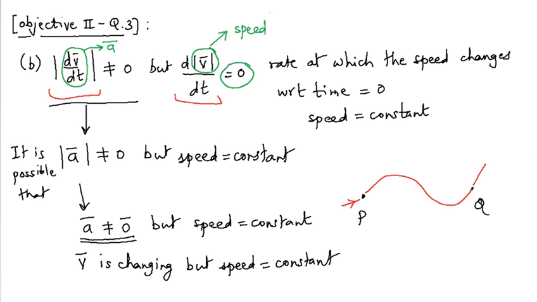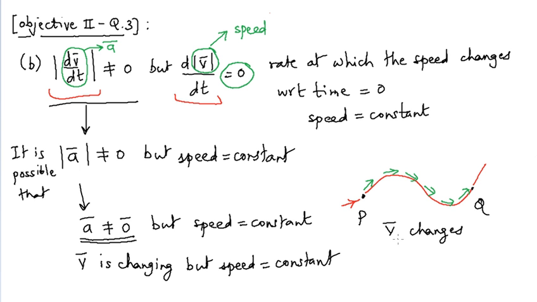Now clearly, if you look at the direction of motion of the particle, since it is always in the direction of the forward tangent, the direction of motion is changing in this particular journey, which would automatically imply that the velocity changes, because the direction of the velocity changes. In fact, there are two ways in which the velocity can change.